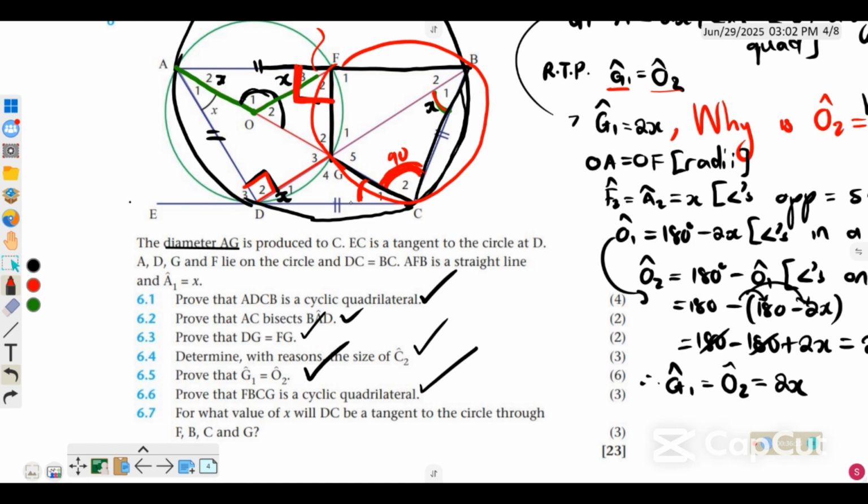Tan-chord theorem would work in that case. So I think that's the question. For what value of x will DC be a tangent? If only C1 is equal to x, then this will be tangential. That's what I think. Okay, I hope it sheds some light.